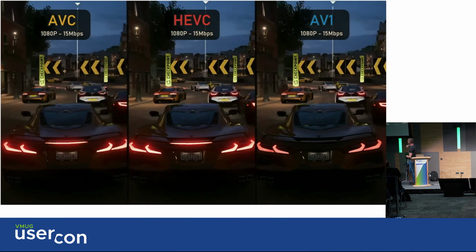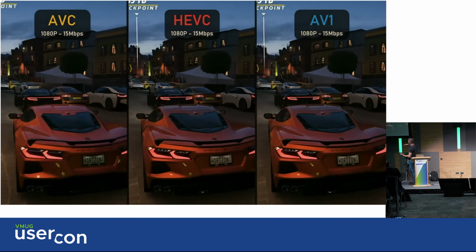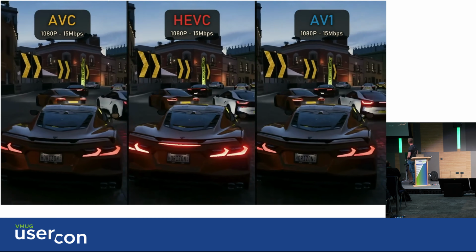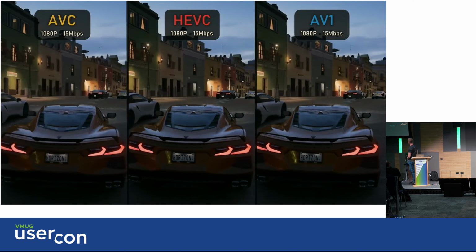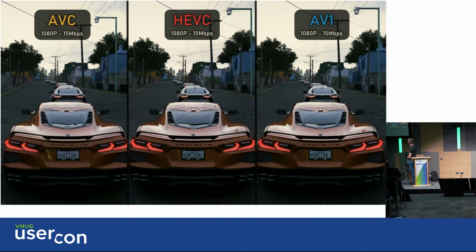And the thing is that when adding more bandwidth, the result will only be better. So it's a really good high-fidelity codec that supports, I would say, the best quality.